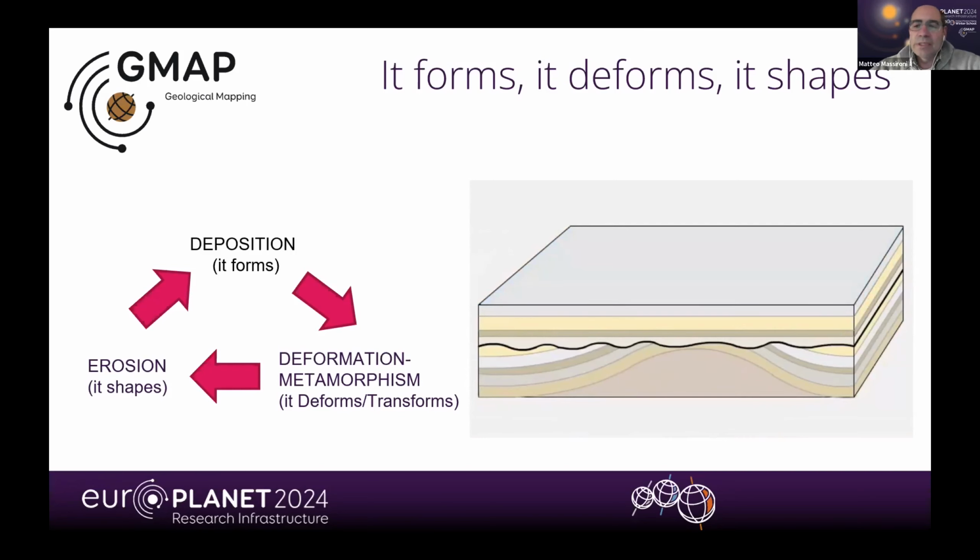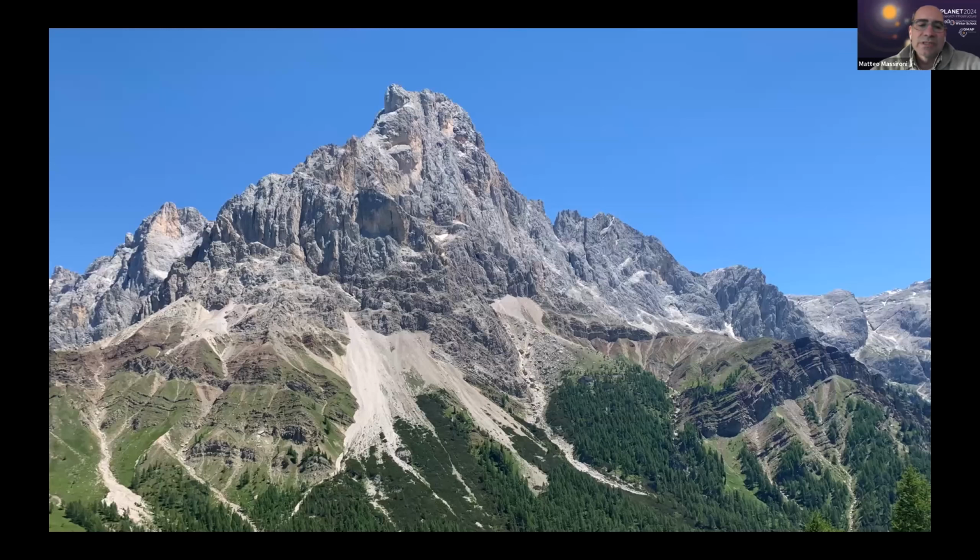And actually, when we see any kind of panoramic view, we can see all these processes together. For example, this is the Cimon della Pala in the Dolomites panorama, and we clearly see layers.